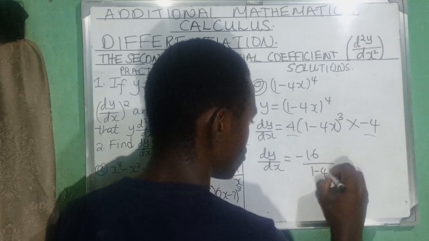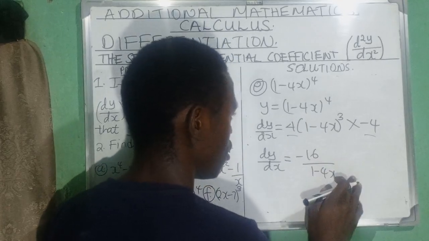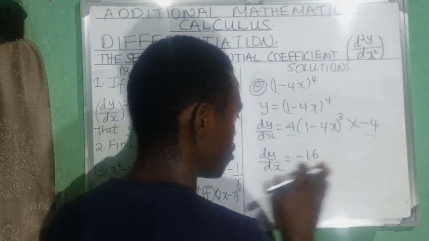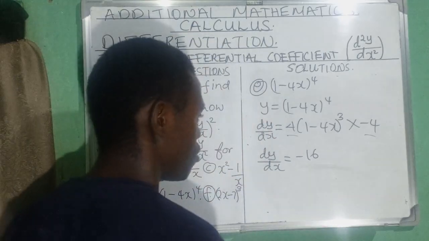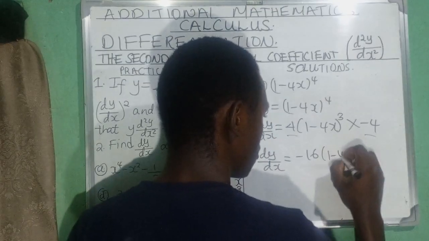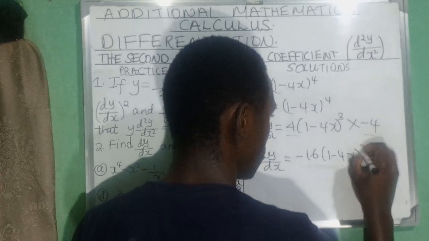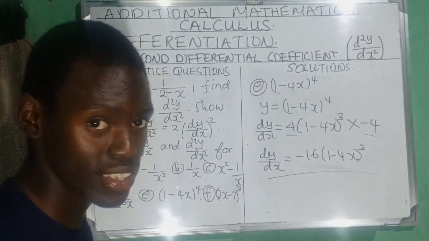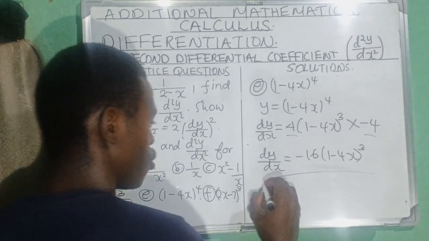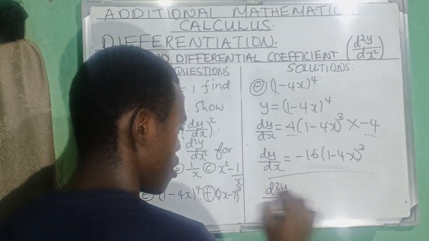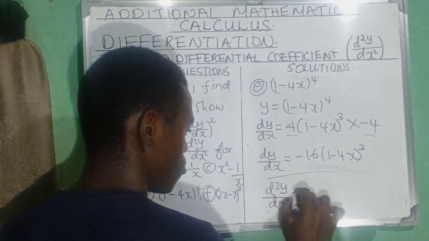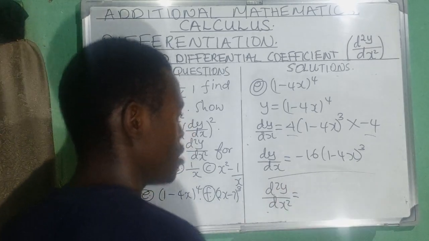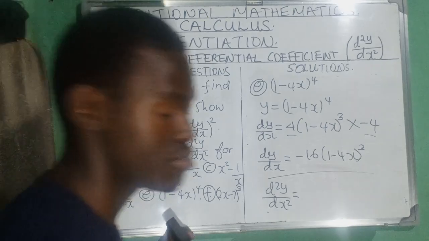You divide by 1 minus 4x. No, you don't divide, sorry for that. Negative 16, you multiply by 1 minus 4x raised to the power positive 3 as your dy dx. And then your d2y dx2 would be equal to 3 times negative 16.